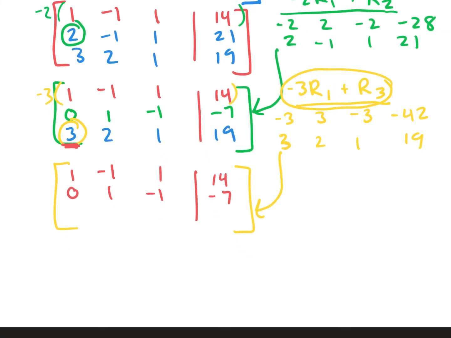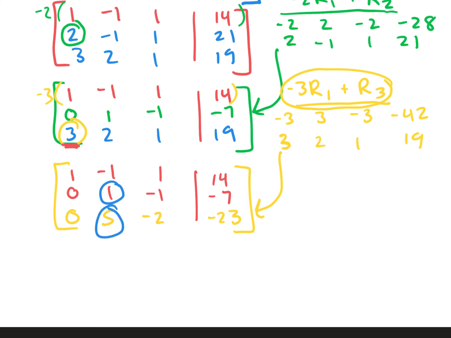All right, so when I add these together, I get 0, 5, -2, and -23. So this is already a 1. So I'm good there. Next, I want this to be a 0.